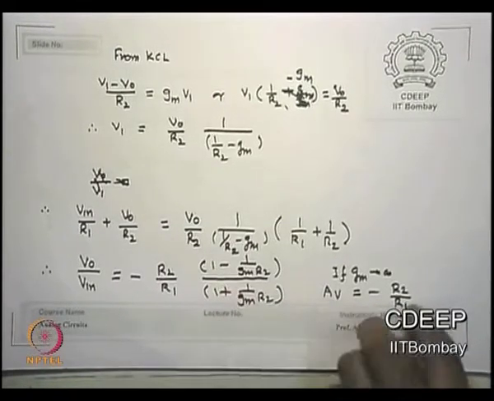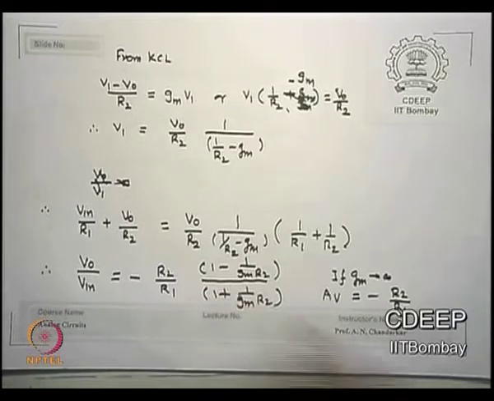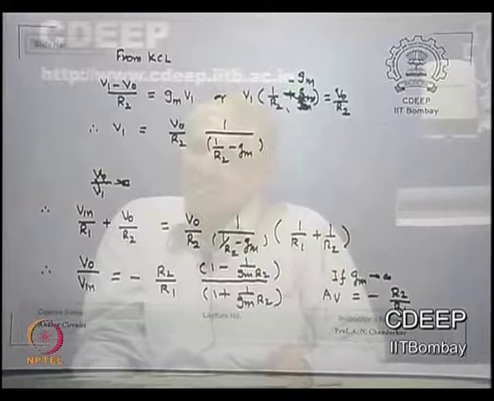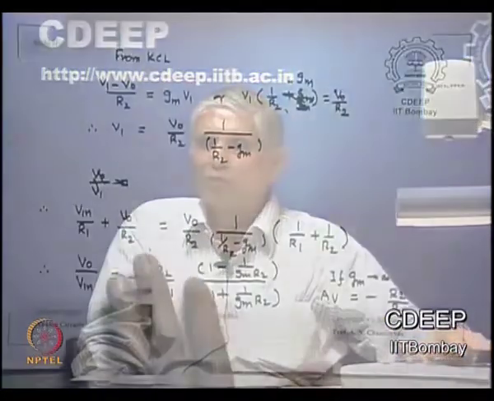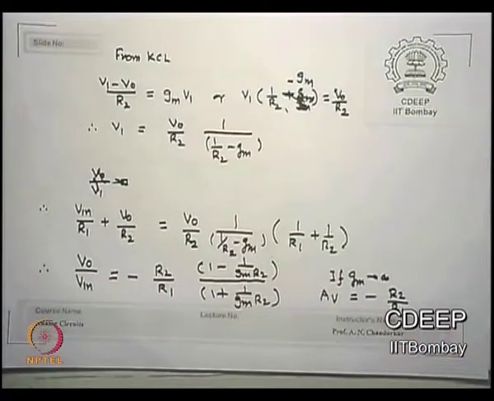When this is equal to this, only when GM is tending to infinity, is that correct? What does GM tending to infinity mean? Which gain are we talking about tending to infinity? Open loop gain. So if the open loop gain is very high, then GM times that value will be very high, GMs will be very high, and if that is very high, these two terms can be 1 by 1, and then the gain is R2 by R1.